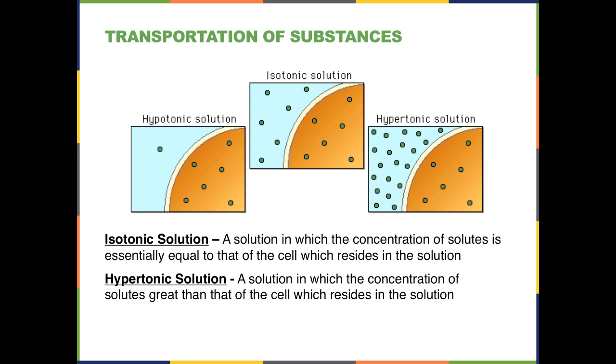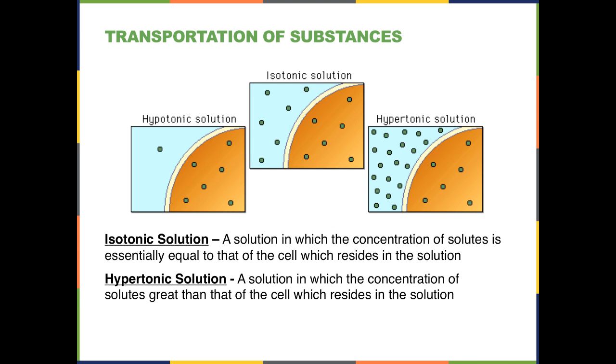Hypertonic solutions, shown on the right, is a situation where outside the cell the concentration of solutes is greater than inside the cell. And because of that, the natural tendency in passive transport would tend to transport material into the cell. If you want to keep this situation the way it is, you have to expend energy.